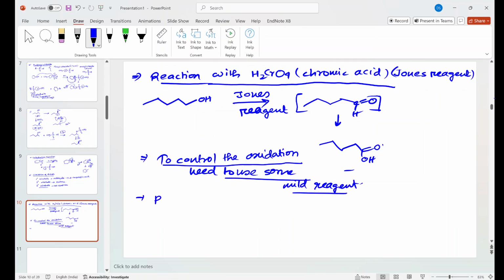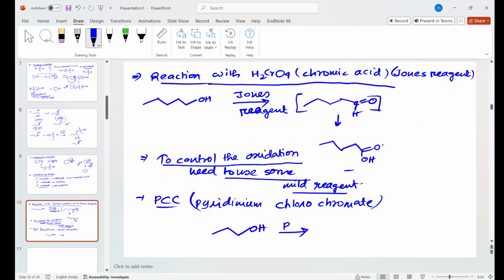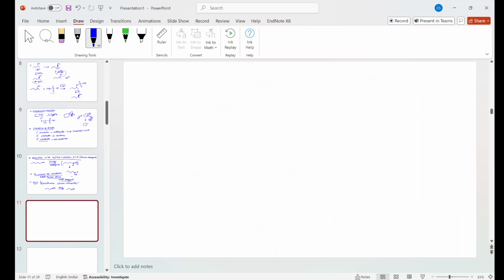You can use PCC, which is called pyridinium chlorochromate. So we use PCC, and it ends exactly with the aldehyde. It will not go further. So with that, the alcohol part is over.